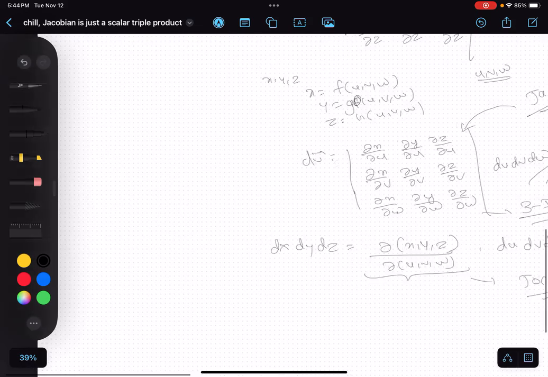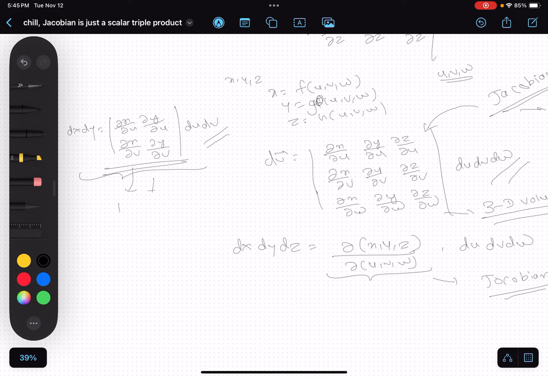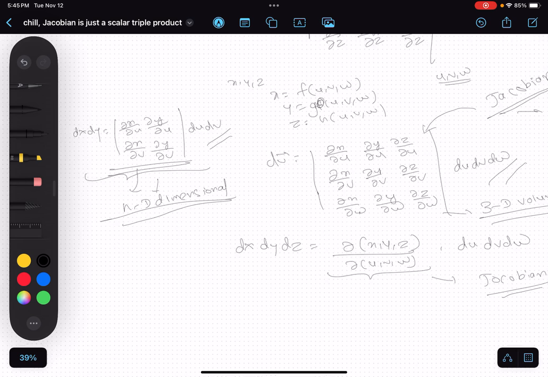So even in 2D this is all true. Like dx dy would just be the determinant of dx by du, dy by du, dx by dv, dy by dv, times du dv. This will hold true in any dimension, because the determinant always gives us the n-dimensional volume of the n-dimensional parallelepiped, right? So that's how it works actually.